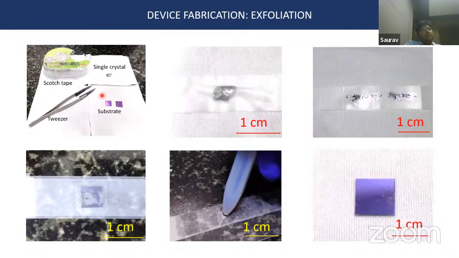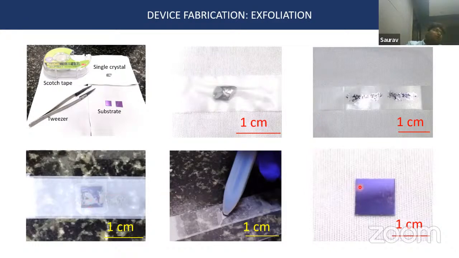And there are certain cleaning processes that we follow. The first step is we take the crystal and put it between the Scotch tape and we peel it off. Many of you know this, of course, but I'm just showing it in any case. Part of the crystal will come onto the Scotch tape, and then we press the wafer's shiny part, the SiO2 surface, onto the substrate.